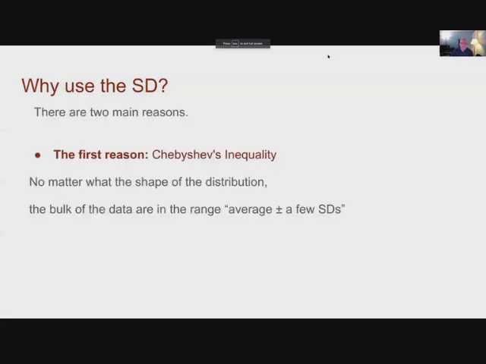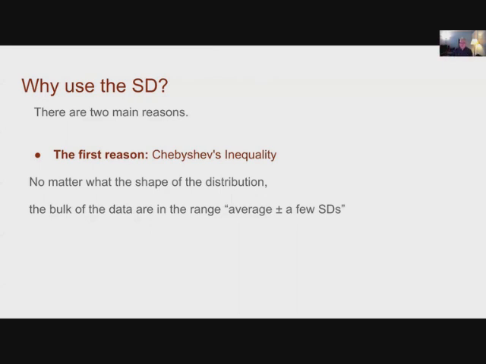What Chebyshev's inequality says is, no matter what the shape of the distribution, and this is important, no matter what distribution of data we get, the bulk of the data is going to live within the mean plus or minus a few standard deviations, and we'll get more precise about this in a second. What's nice about this is that we don't have to know the shape of the distribution. This will apply to any data.